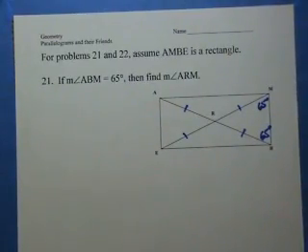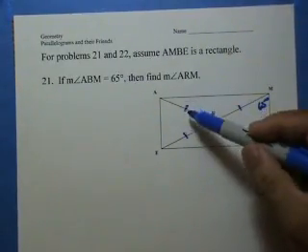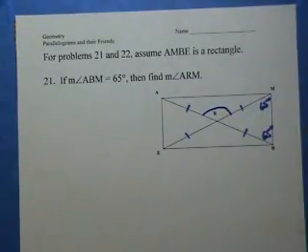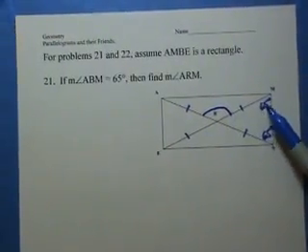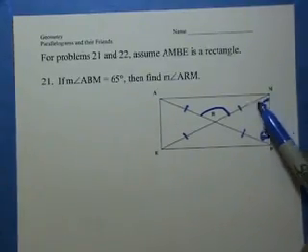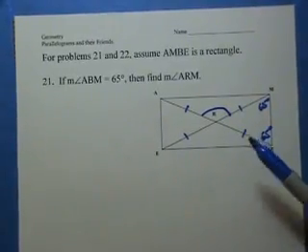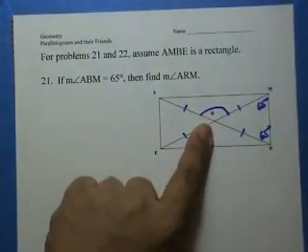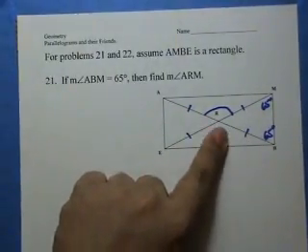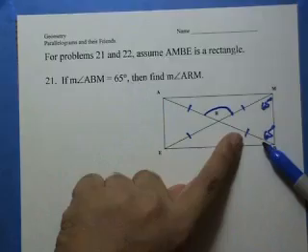Now there are 2 ways to get the measure of angle ARM. That's this angle right here. We have the exterior angle theorem. Angle ARM is exterior to triangle MRB. Part of being an exterior angle of a polygon is that one of the sides of the angle is an extension of a side of the polygon.